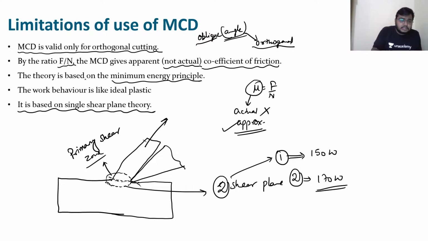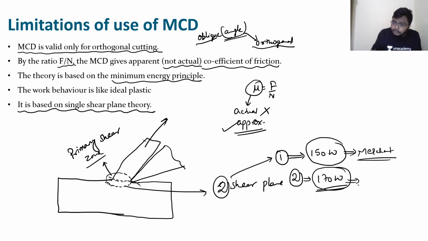Now, since this theory is based on minimum energy principle, from the merchant circle you will get this answer. But if you change the shear plane, the answer would be different. So there is a fluctuation in the power. This is again the drawback. The theory is based on minimum energy principle, but it may not hold good, right? There can be another principle, maximum power can be there.